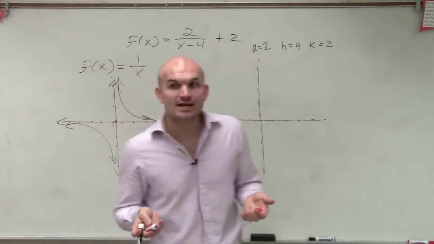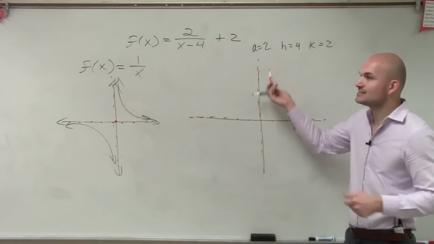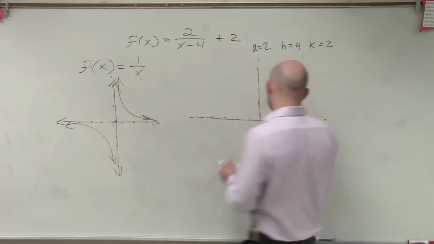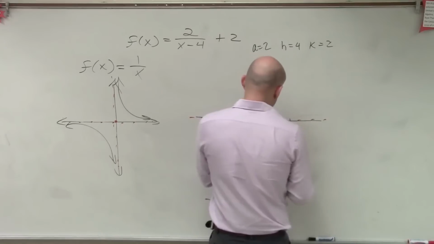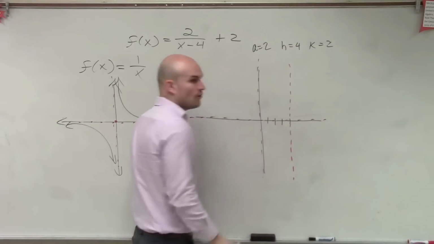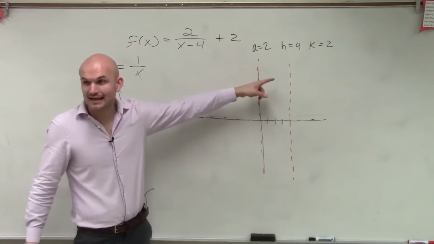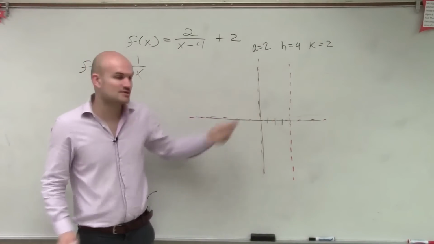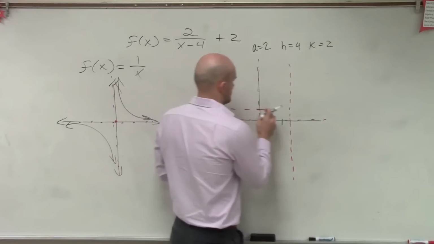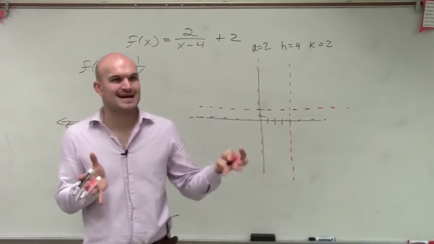If I'm taking this graph and shifting it to the right 4, that means this vertical asymptote is going to shift how far? 4 over. So now I can say 1, 2, 3, 4. So my vertical asymptote is going to be at x equals 4. And k tells me I have to shift my graph up 2. So you see how I can apply the transformation by using my asymptotes?